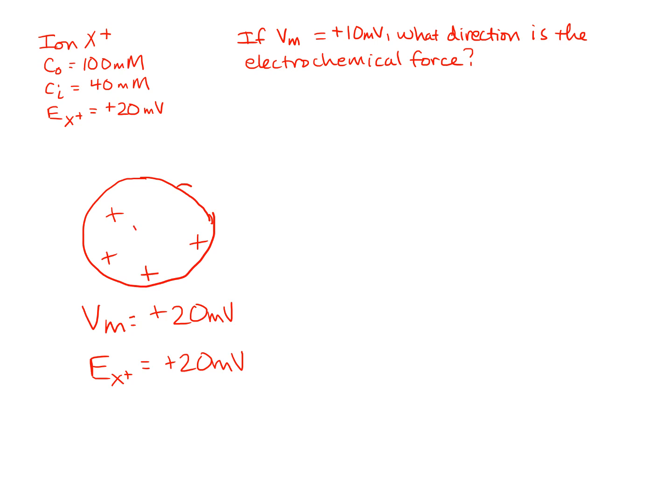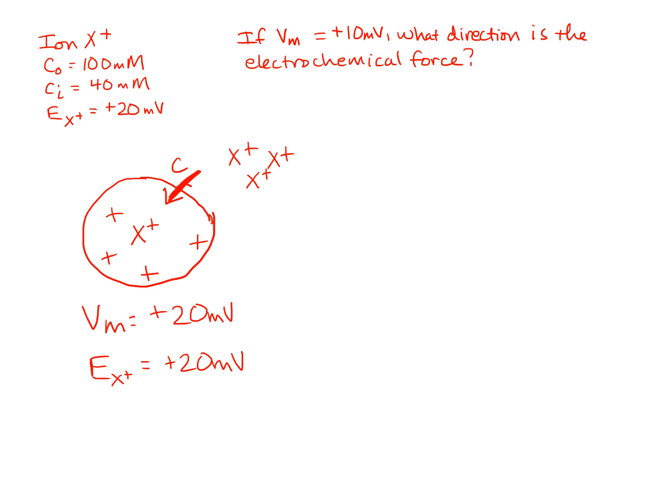And then we're going to set up our concentration gradients. And we know that we've got more on the outside of the cell than we do inside the cell. Okay, so the chemical driving force, looking at the concentration gradient, wants to move into the cell down the concentration gradient, going from high to low concentration.